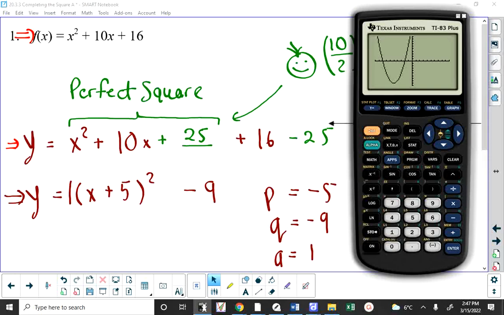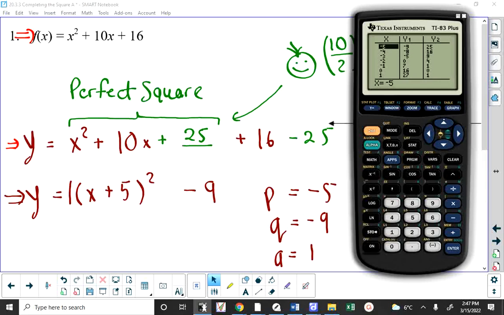There's the parabola. Does it open upwards? Yes. If a is 1, then this parabola should have the same shape as y equals x squared, and it does. The vertex should be at negative 5, negative 9. Lots of ways you could figure that out. I think the table is maybe the best way to do it.